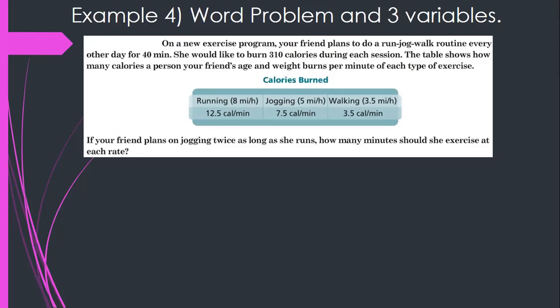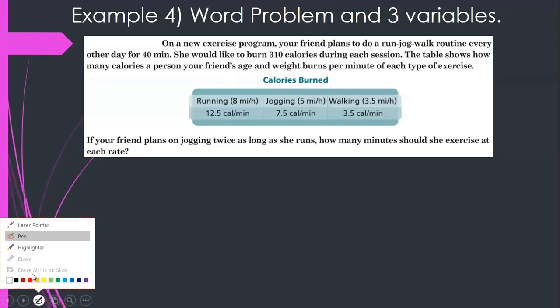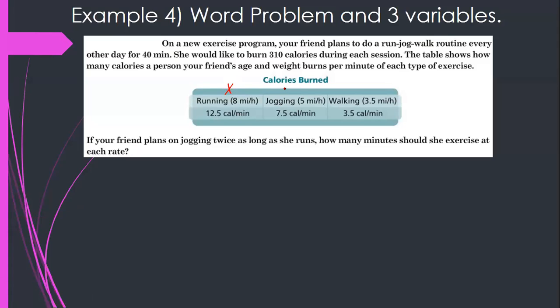All right. So the first thing we're going to do is set up our matrix. If she's running in total, she wants to burn how many? 310. So we know that we're going to assign each one their own variable. Let's make X, Y, Z. So I know that if this was a system, it would be 8X plus, not 8, 12.